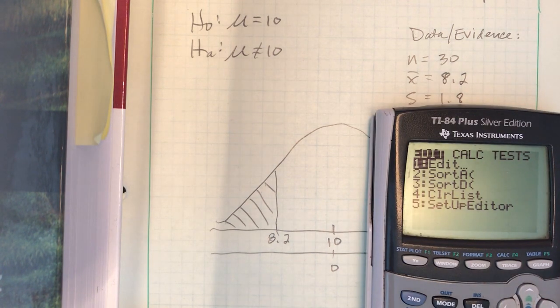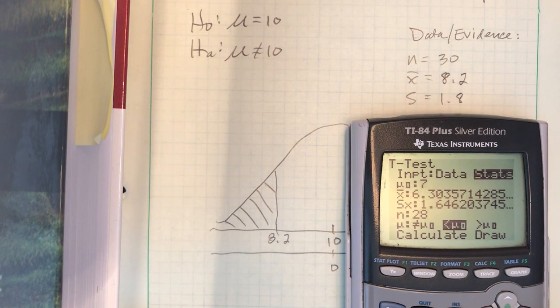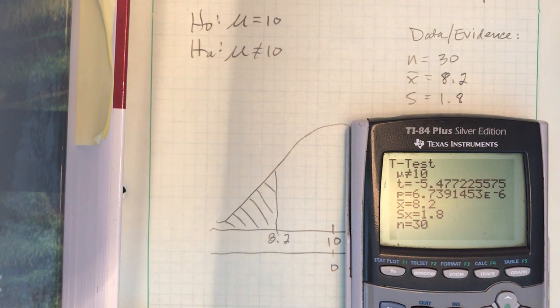Let's head to my machine, test number 2. And this time I have to enter my summary statistics. The null is 10, average 8.2, standard deviation 1.8, sample size 30, not equals, calculate.